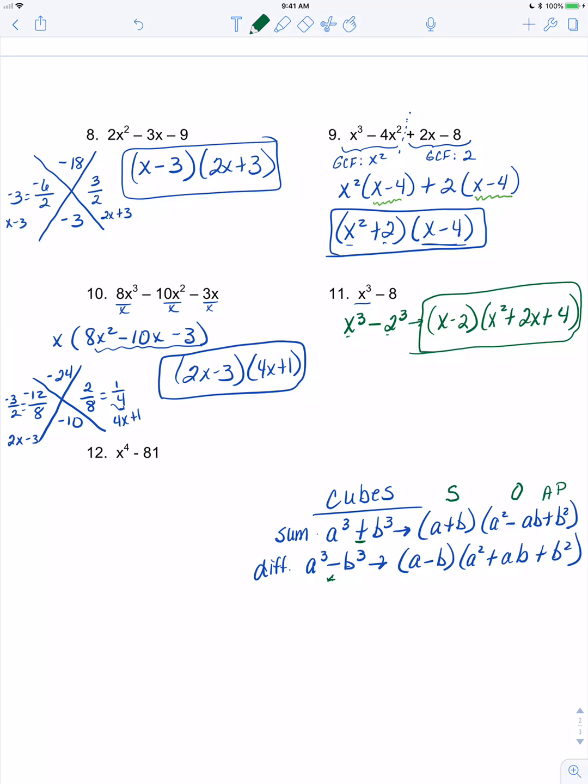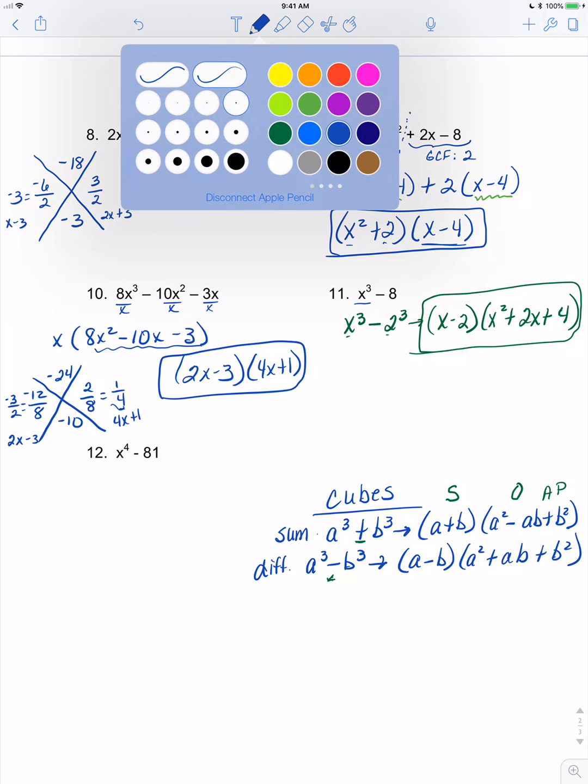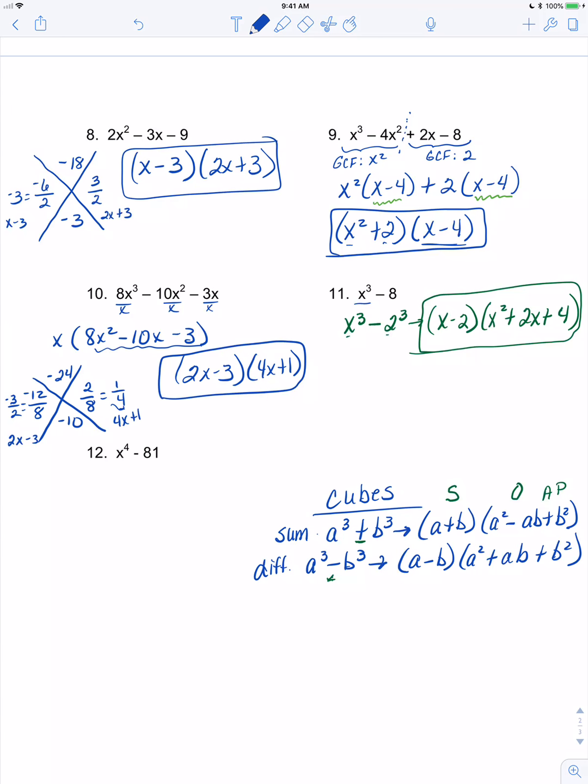Okay, the last one we have here is x to the 4th minus 81. It is 2 terms, and we notice that they're both perfect squares. So that's the difference of 2 squares. So we're going to have x squared plus 9 and x squared minus 9.